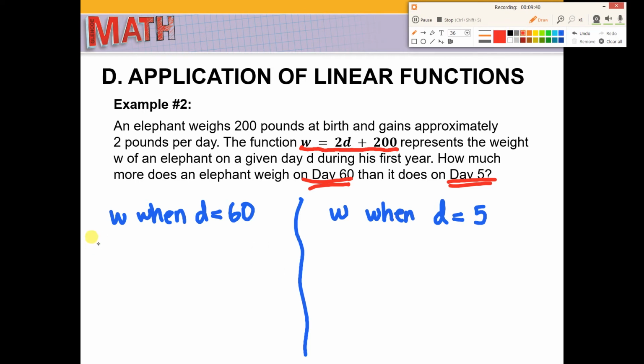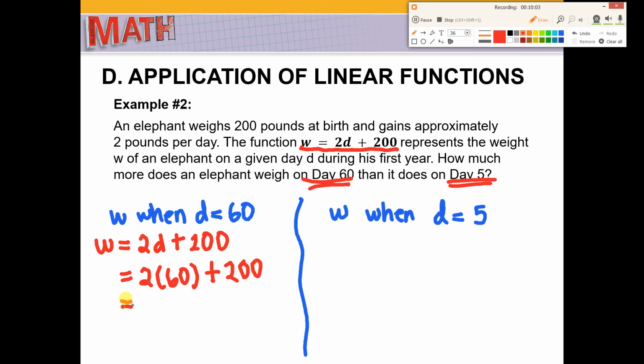So we have the equation W equals 2D plus 200. Now to solve for W, we have to exchange D with 60. So 2 times 60 plus 200.